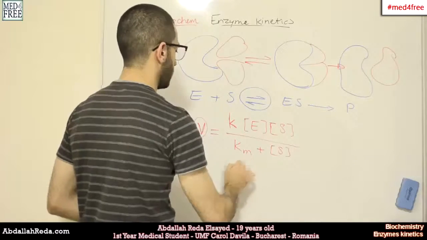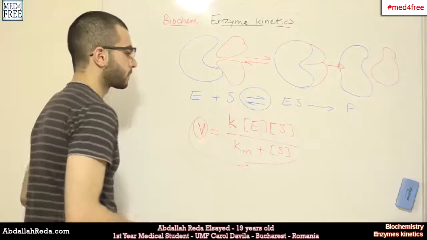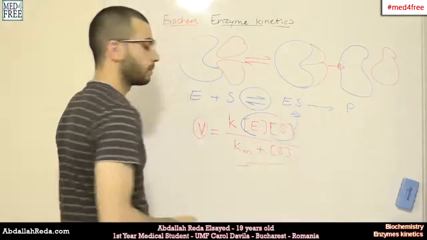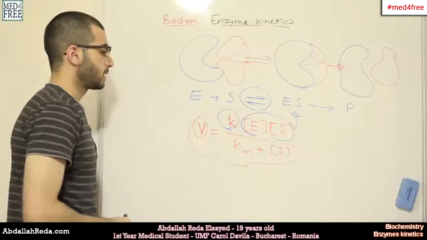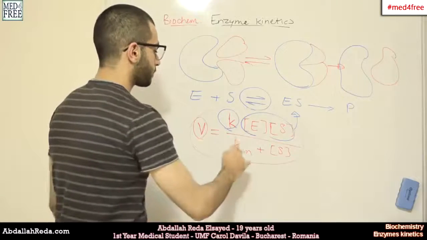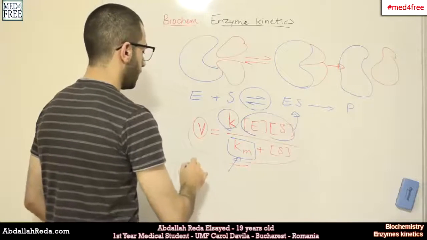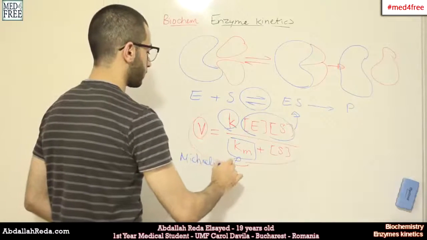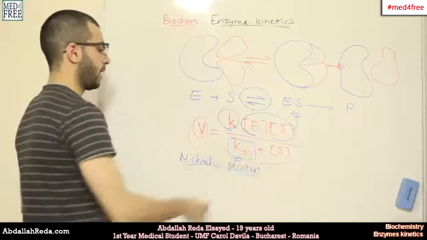What does this mean? This is the velocity, and this is the intermediate stage, and this is a constant. This is another constant, which is called Michaelis-Menten's constant, and they are the two who actually made this equation.